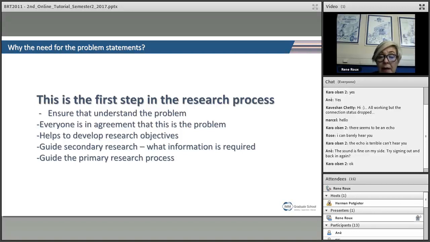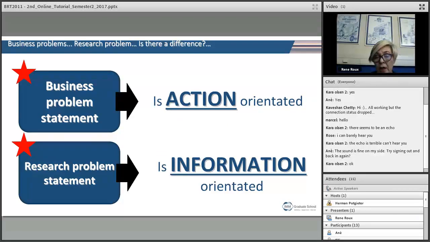So you really need to investigate it. Also, that will help you to develop your research objectives. If you really understand what your problem statements are, developing your research objectives is going to be easy peasy. It will also guide you in terms of when you want to do secondary research and primary research, which are your two sources of data.